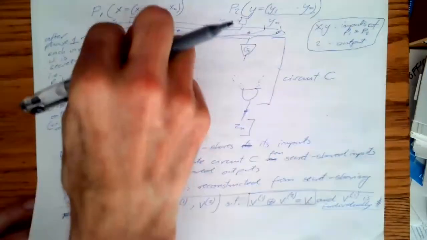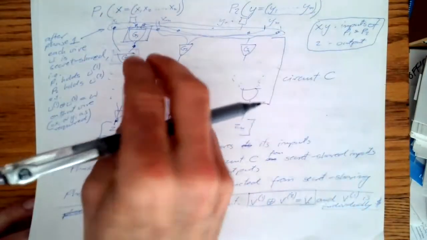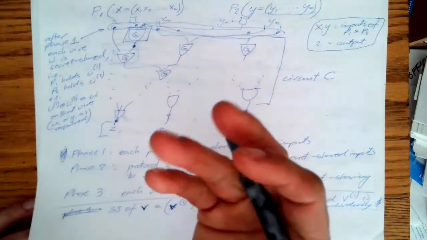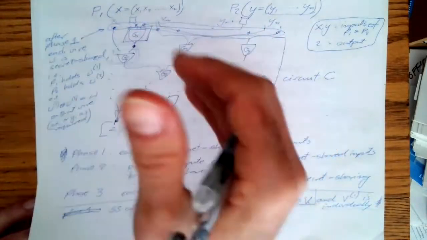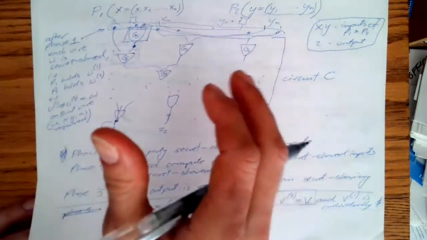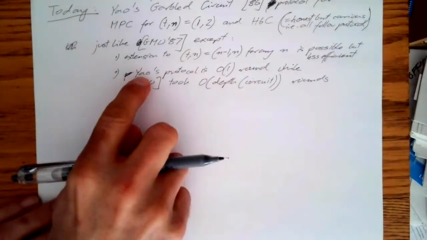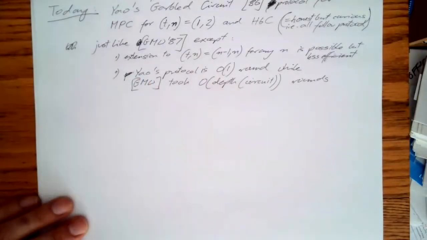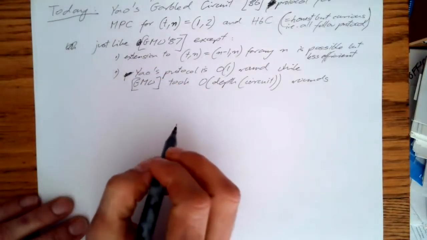Because for every level of the circuit, we could parallelize the OTs, but we didn't know how to do it faster, right? Each level of the circuit requires a round of OTs. And Yao shows you can actually do it differently, in constant rounds.